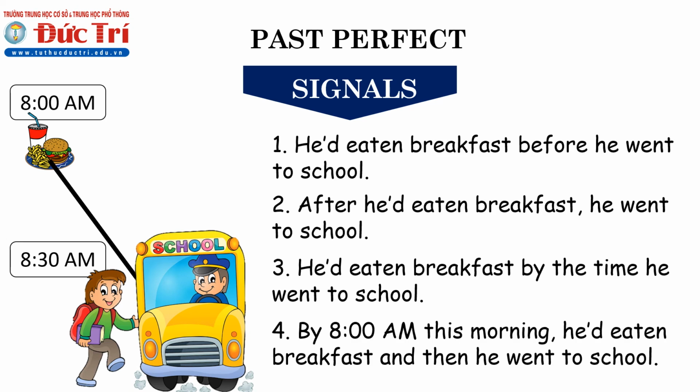Now you look at these sentences. He'd eaten breakfast before he went to school. After he'd eaten breakfast, he went to school. He'd eaten breakfast by the time he went to school. By 8 a.m. this morning, he'd eaten breakfast, then he went to school.